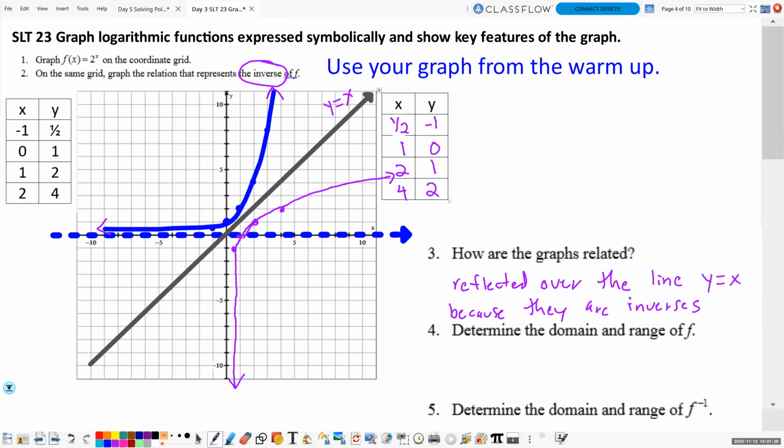Okay, so number 4 says determine the domain and the range of f. I want to be super clear when we're talking about f of x is the exponential. So I want everyone to pop open your chat, and type the domain of the exponential, but do not press enter.